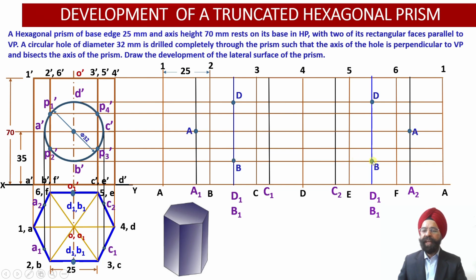We will be obtaining the points B and D corresponding to the rear face projections over here. So rear face means between EF, front face means between B and C. So the 6 points we have been able to locate over here.